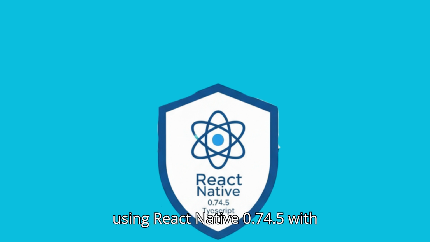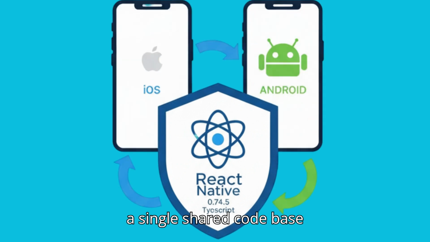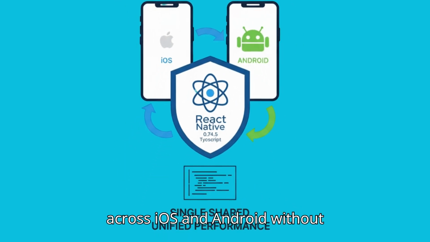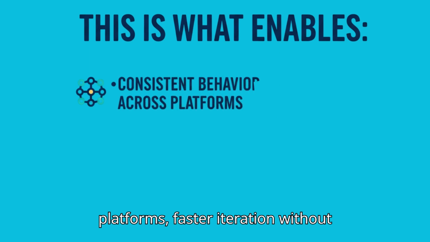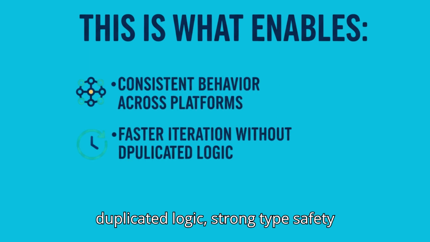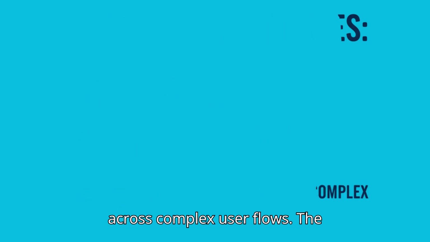The mobile application is built using React Native 0.74.5 with TypeScript, allowing us to maintain a single shared codebase across iOS and Android without sacrificing performance. This is what enables consistent behavior across platforms, faster iteration without duplicated logic, strong type safety across complex user flows.